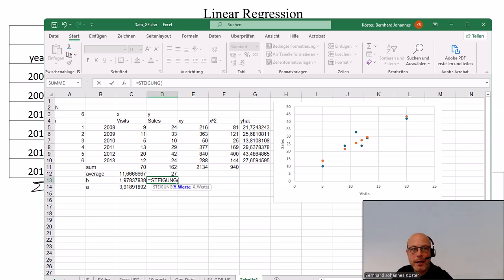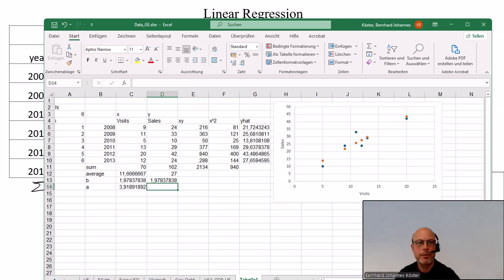The first one are the y values to feed in, and the second one are the x values. So these are the y values, and here we have the x values. Hopefully, enter, I get a 1.97.